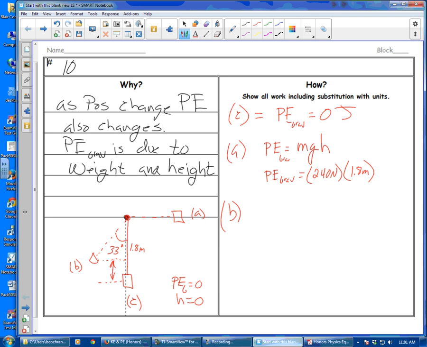So geometrically, we have this right triangle here and this little extension to it. We know that this angle is 33 degrees. This side is 1.8 meters. This side we'll call h. And we know that this whole side here is also 1.8 meters.